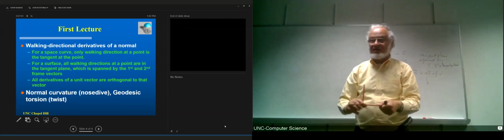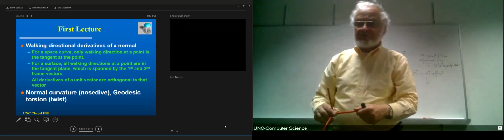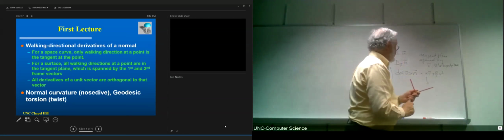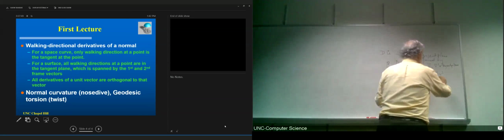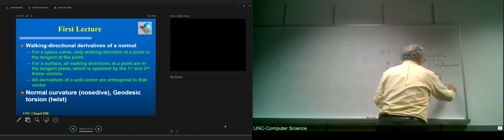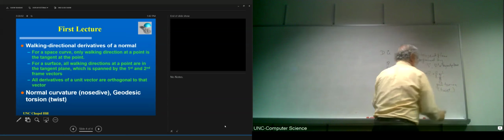Okay, so this other component is called the geodesic torsion, or colloquially the twist.